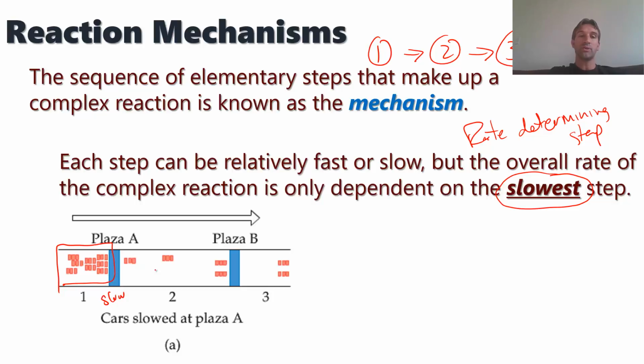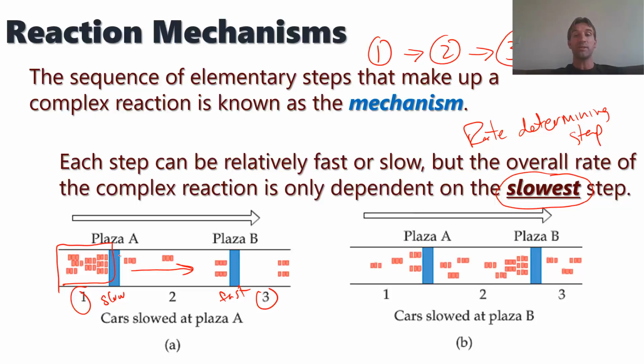Once they cross the plaza, they're going to move very quickly to get into the next plaza. In this case, notice that there's no pileup. The worker in the toll booth in Plaza B is getting these cars quickly through, so we would say that's the fast step. And if I'm trying to figure out how quickly a car can go from point 1 to point 3, I don't even want to really consider point B. The slow step, again, point A, is going to determine the rate at which cars can travel across this bridge.